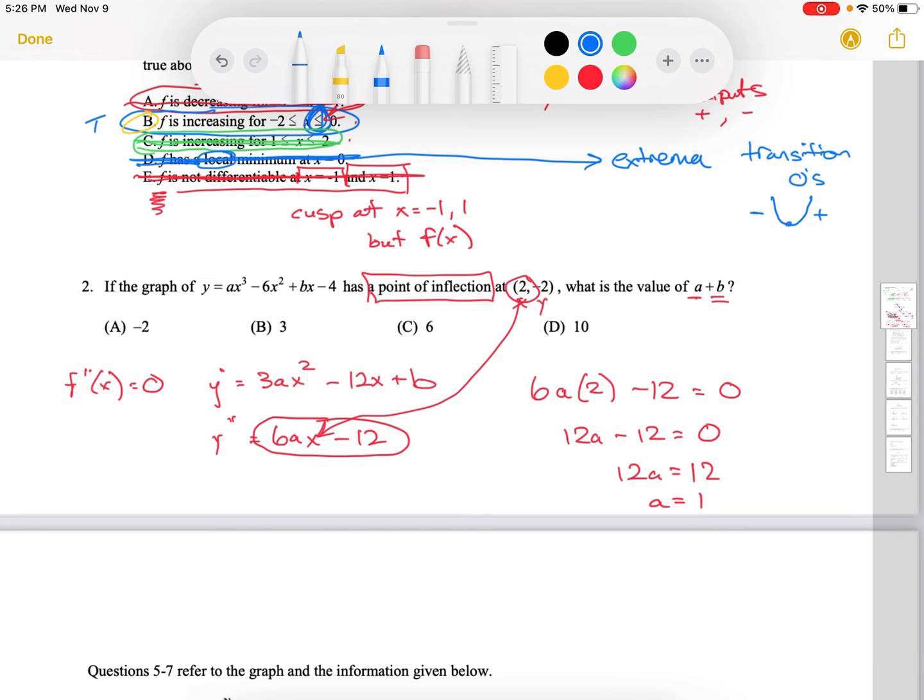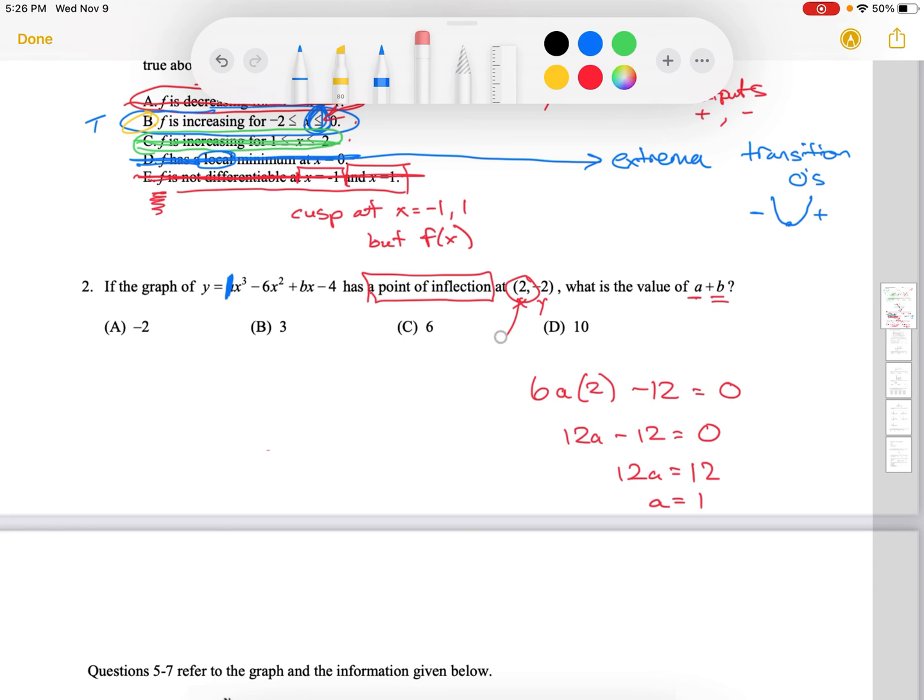So I know right now for sure that this is a 1. Okay, how do I get b? Well, if I know y is -2, and I know x is 2, and I know a is 1, I've got pretty much every variable except for b.